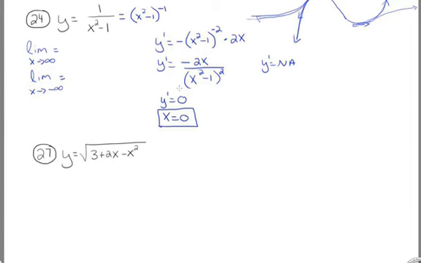And so I look at the denominator, and now I really just want to focus on when it is equal to 0. So take the square root of both sides, you get x squared minus 1 equals 0, x squared equals 1, x equals positive and negative 1. Alright, so those are my critical values, and that's what I need to check.